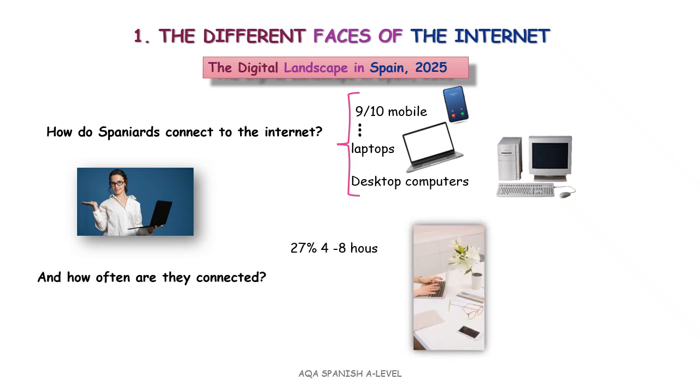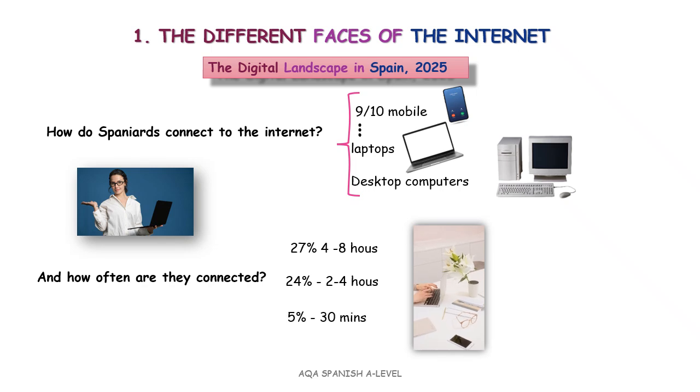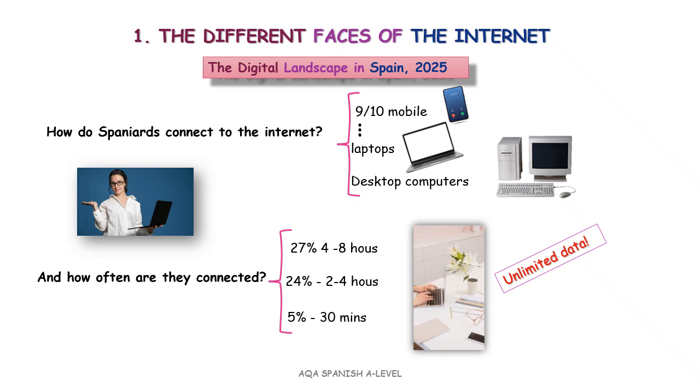About 27% of users spend between 4 and 8 hours online every day, while 24% are connected for 2 to 4 hours. Only 5% use the internet for less than half an hour a day. And more than half of Spaniards now have unlimited data plans, and 70% have 5G on their mobiles.